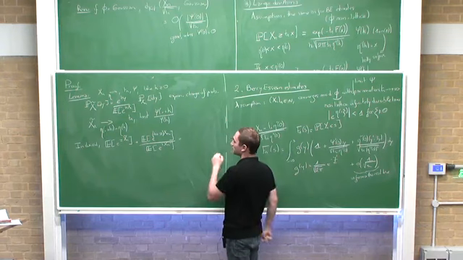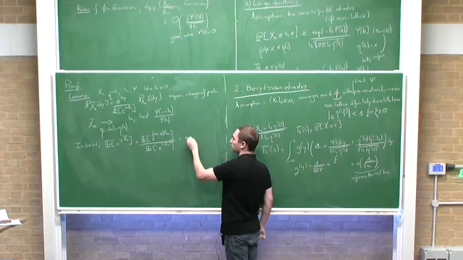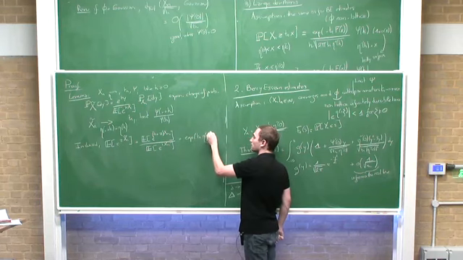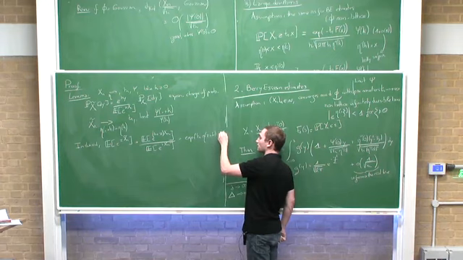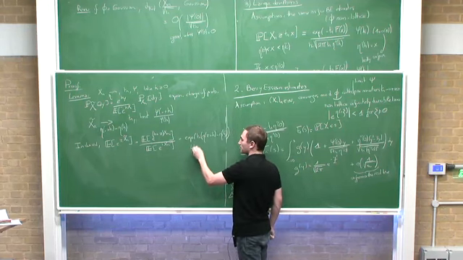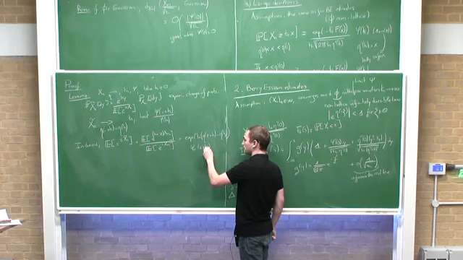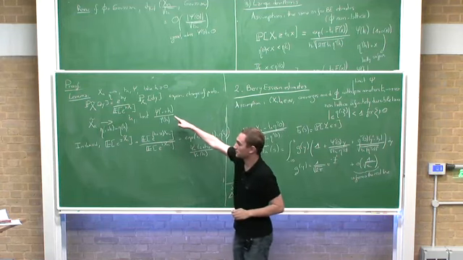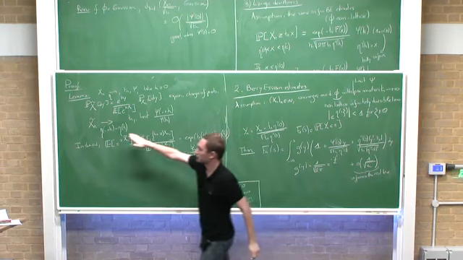By assumption of mod convergence, this is equal to this, multiplied by psi n of z plus h divided by psi n of h. And this converges to this limit. And this is what is written here.